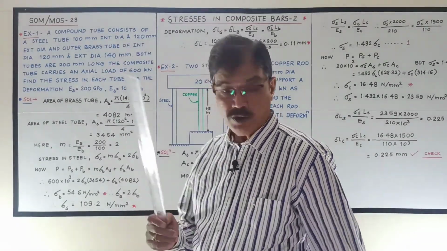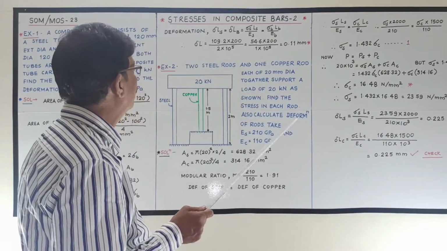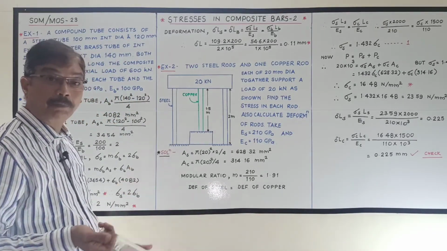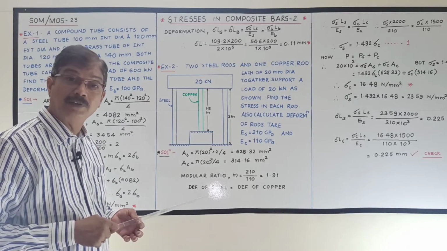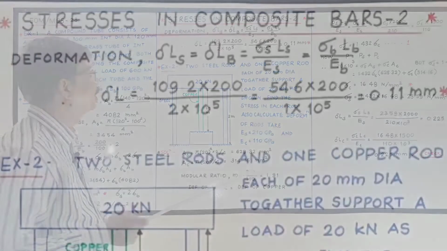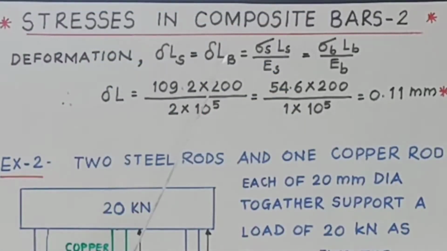Now we are also asked to calculate the deformation. Basic principle: deformation of each material is the same. So deformation delta LS is equal to delta LB. How do we calculate delta?